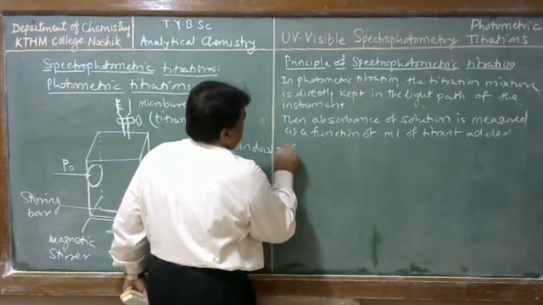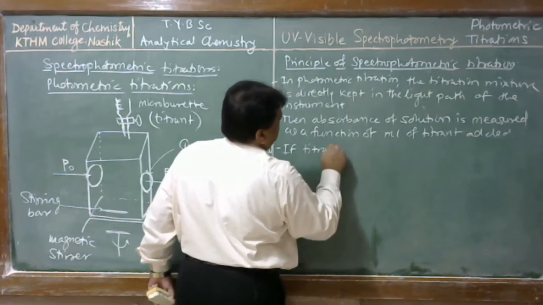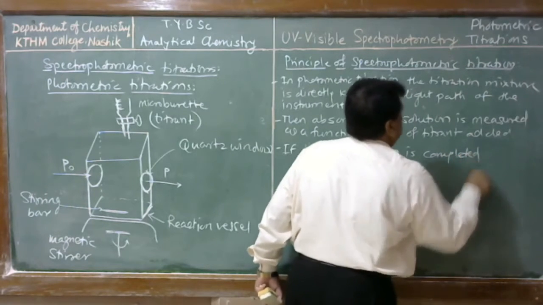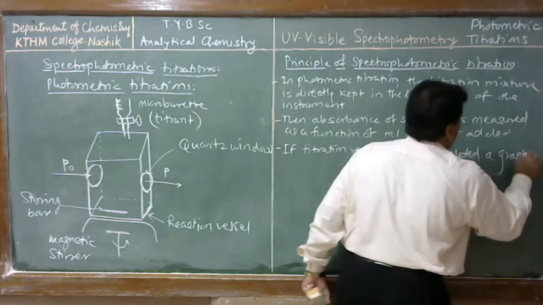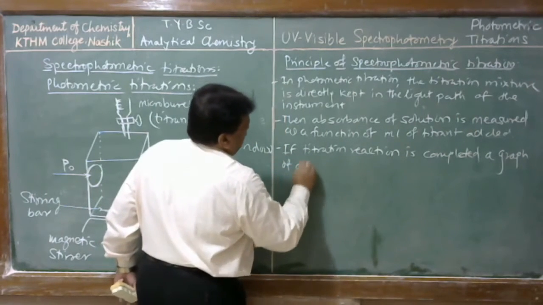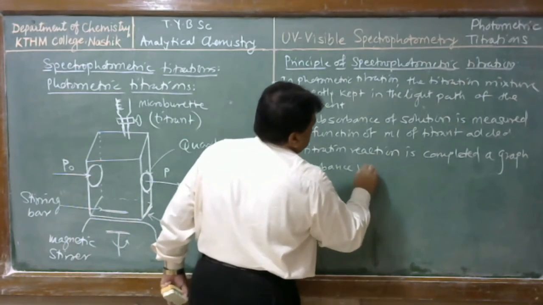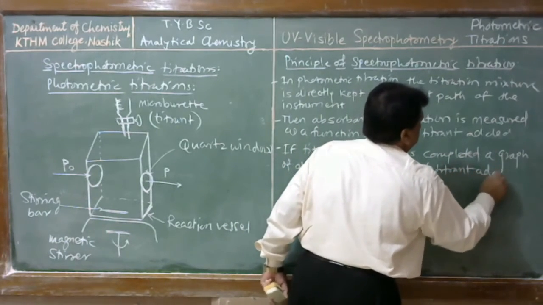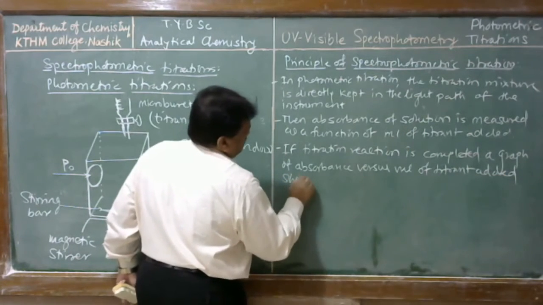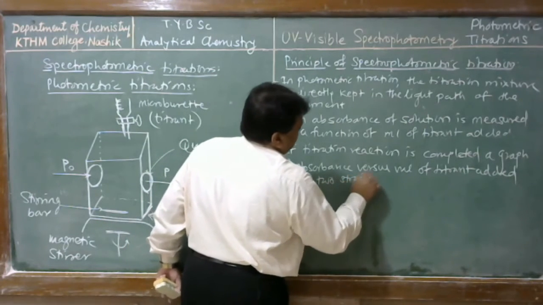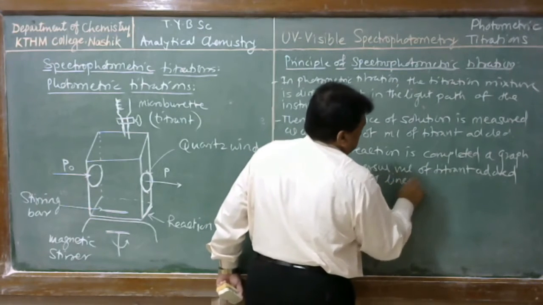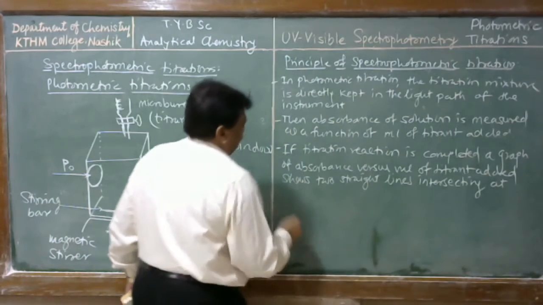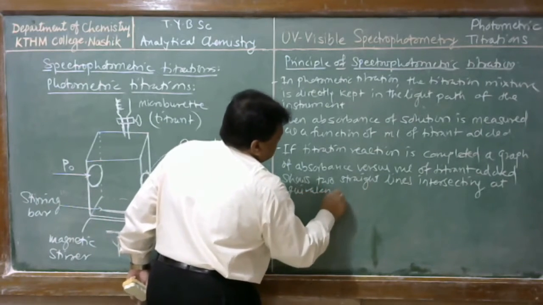If the titration reaction is completed, a graph of absorbance versus ml of titrant added shows two straight lines intersecting at the equivalence point.